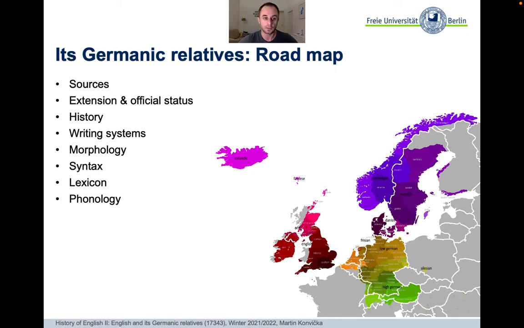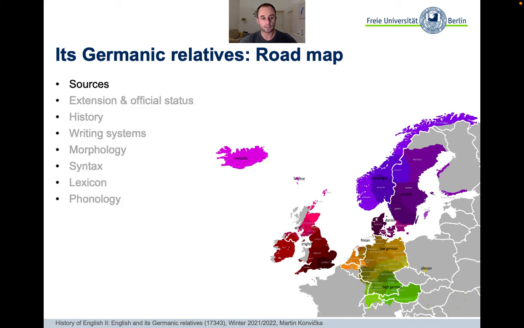So I'm going to discuss some phenomena within these different aspects of the linguistic system of the Germanic languages, either things that differentiate Germanic languages from other non-Germanic languages, but also I'm going to focus on several things that make some of the Germanic languages unique and interesting to look at, even though it's not necessarily a phenomenon or a feature that we know from English.